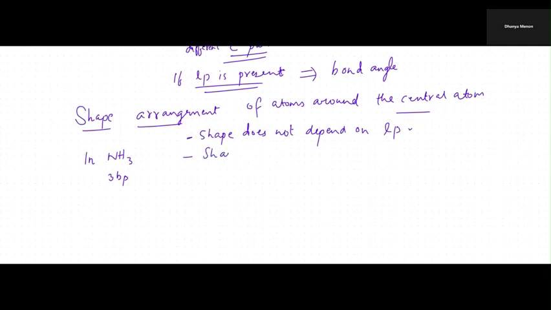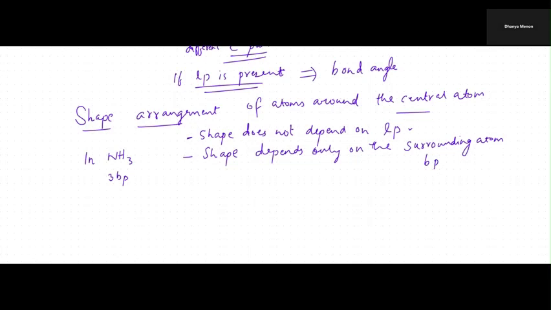Shape depends only on the surrounding atoms. If we talk about surrounding atoms, that means it is what? It is bond pair. This was about shape.